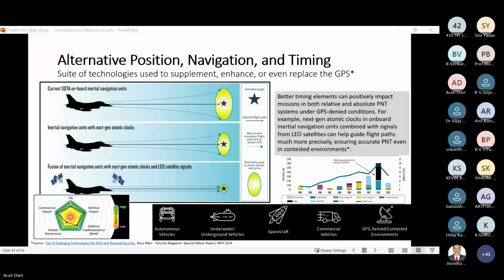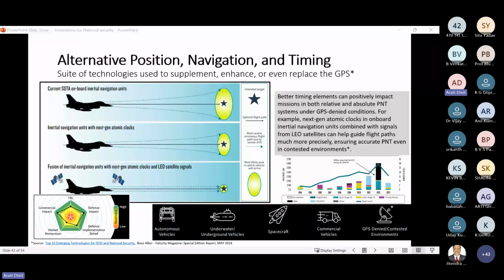And regarding the radar chart here, the radar chart shows that a reasonably good amount of work has been done with respect to commercial impact, TRL, defense impact and defense implementation, but the market momentum has yet to pick up.